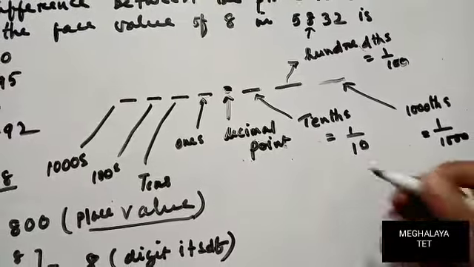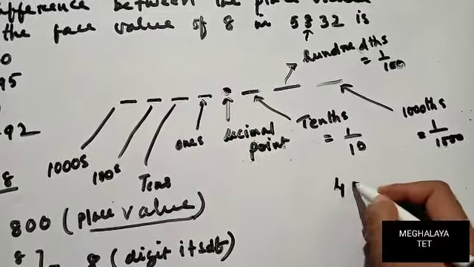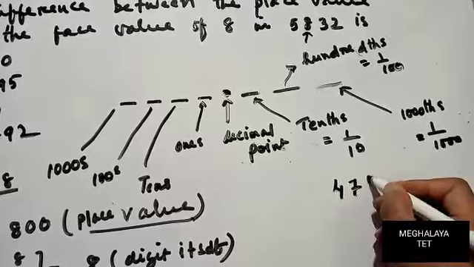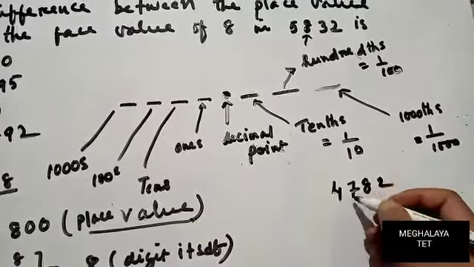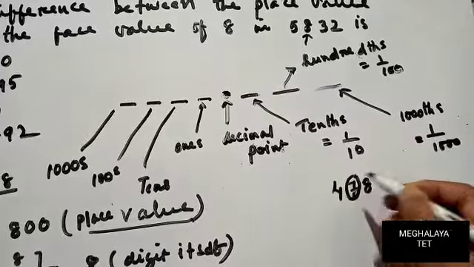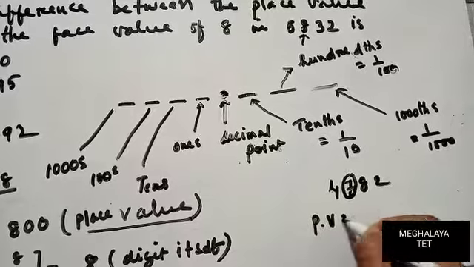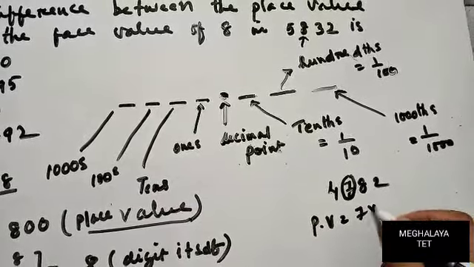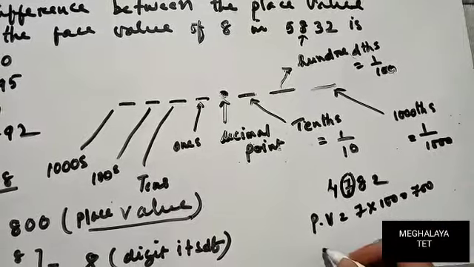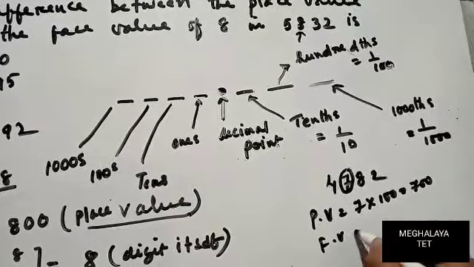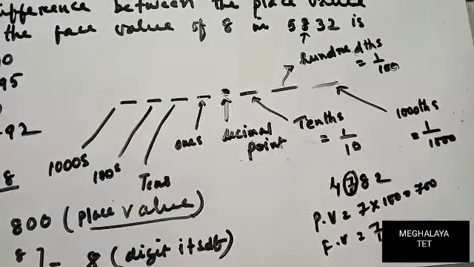Suppose I have given one number, 4782. What is the place value of 7 in 4782? Place value PV equal to 7 into 100 equal to 700, and the face value FV equal to the digit itself, 7.